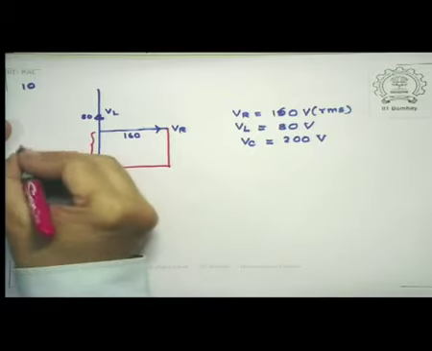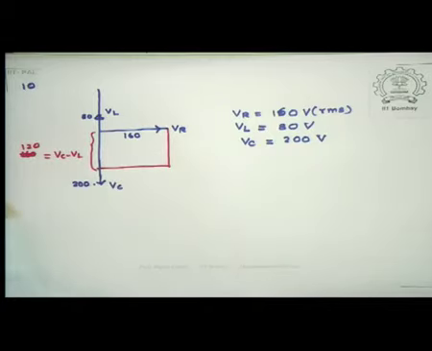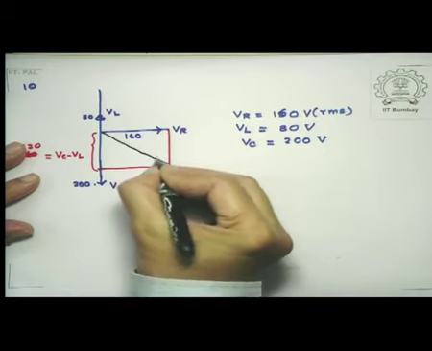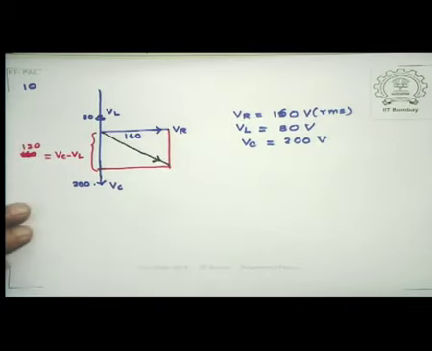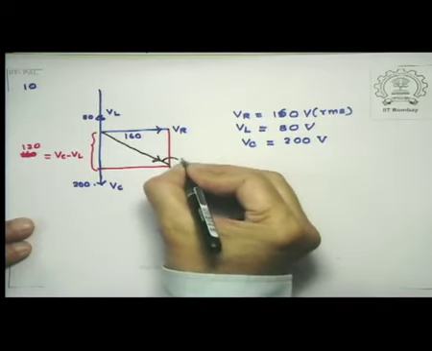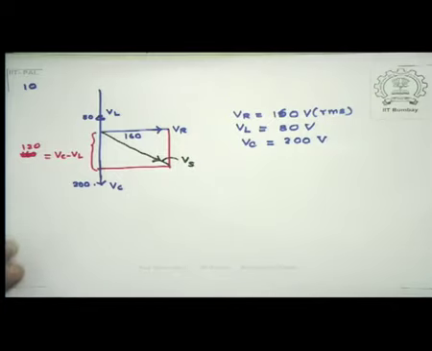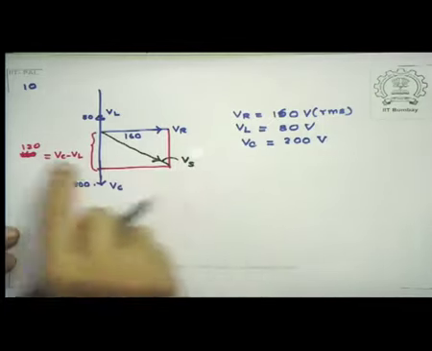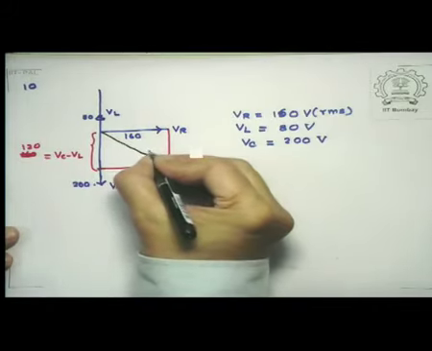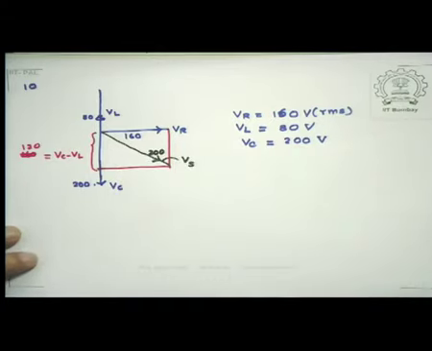Sorry, 120. So this is 120, this is 160, and the result is obviously this. So this is my Vmax for the source. Let me just put S there to indicate source. And we have seen that 120 square plus 160 square is 200 square. So therefore the length of this is 200. It is just accidental that this 200 and that 200 happens to be the same number.